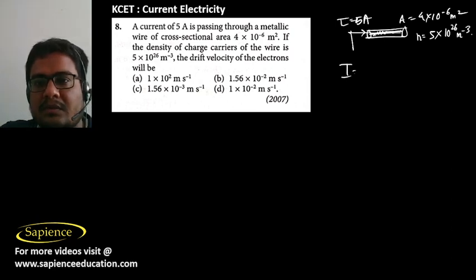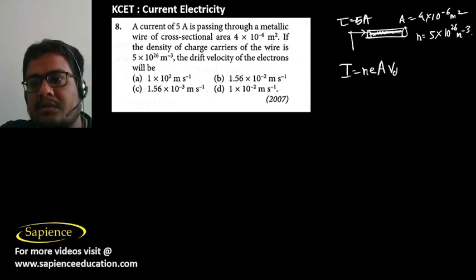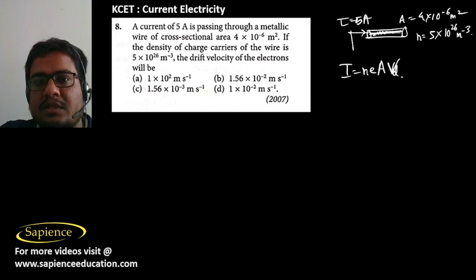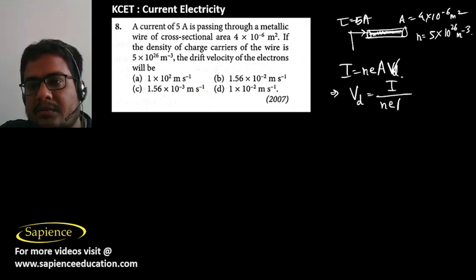So we know that I is equal to nEAVd, where A is the area of cross section and Vd is the drift velocity. So here we have to find drift velocity Vd, that is I by nEA.